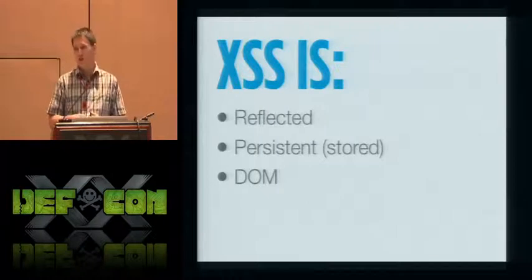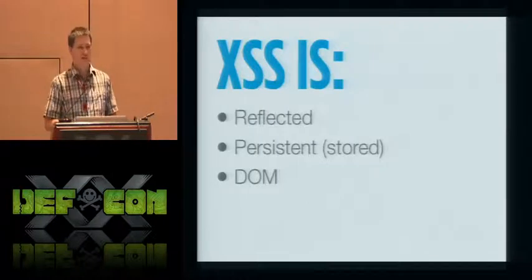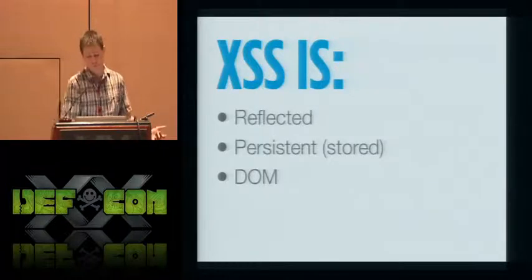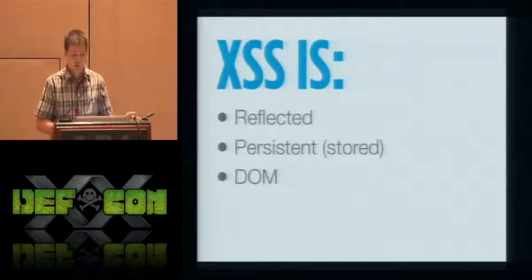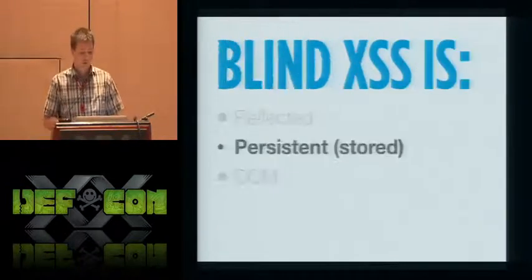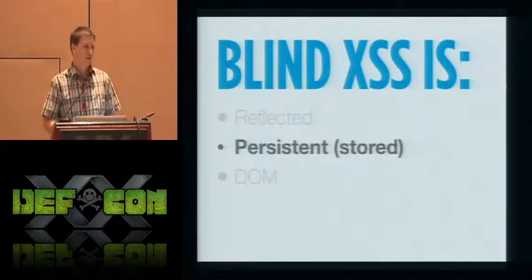And then DOM, where all of that is basically happening client side, being manipulated client side rather than the actual document or anything being stored. If you want to know more, there's plenty of information out there. That's not what we're going to talk about. We're talking about a specific variant of persistent or stored cross-site scripting, right?